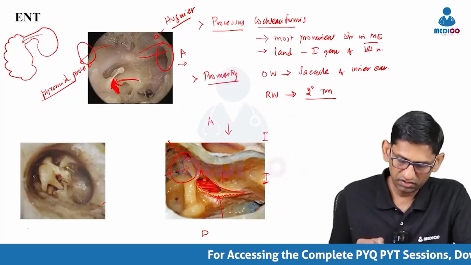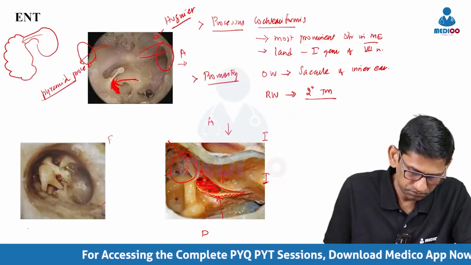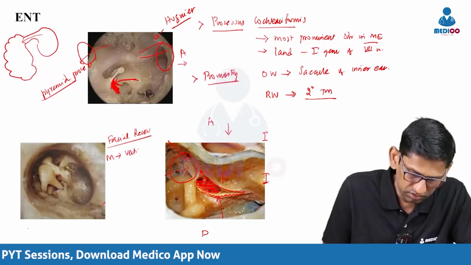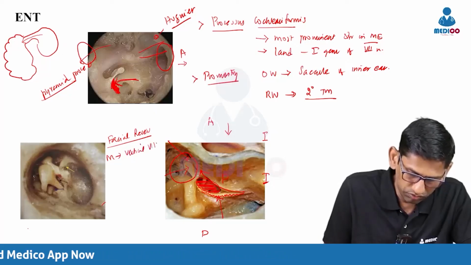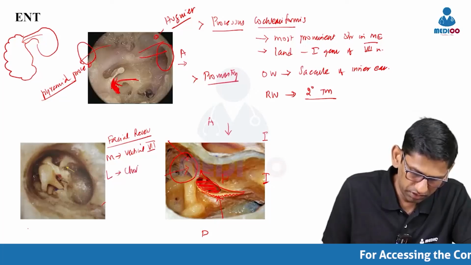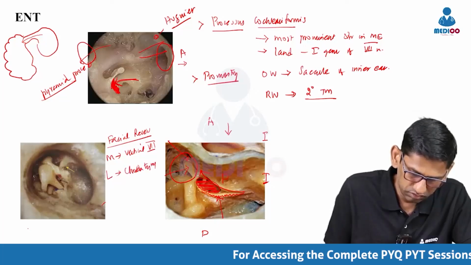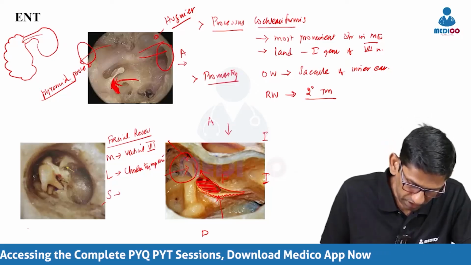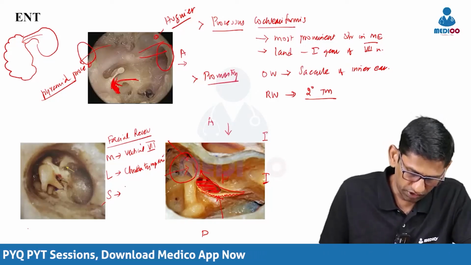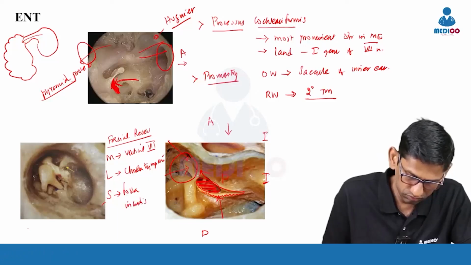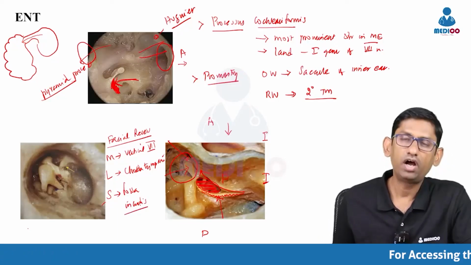So the facial recess anatomy is bounded medially by the vertical part of the facial nerve and laterally by the chorda tympani nerve, and superiorly, I will show you, is the fossa incudis. What is fossa incudis?